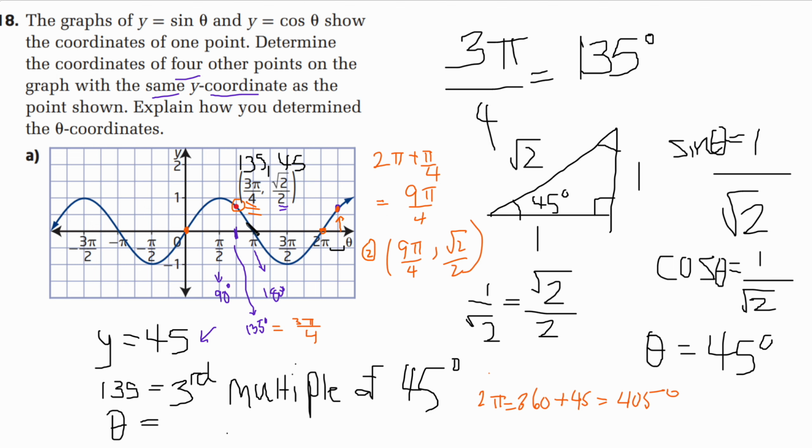Now, this point is going to repeat again somewhere after here, but our graph does not continue there. We can find it, but we don't need to find it for this part, because we're just looking at where our graph is on here.